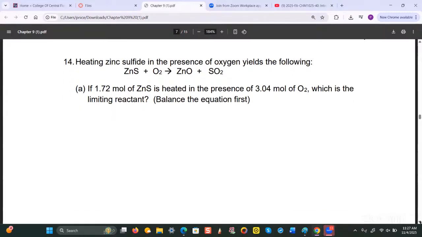I'm sorry, the zinc sulfide, right? So we're gonna start off with the zinc sulfide. How much of the zinc sulfide was it? 1.72 moles of the zinc sulfide.